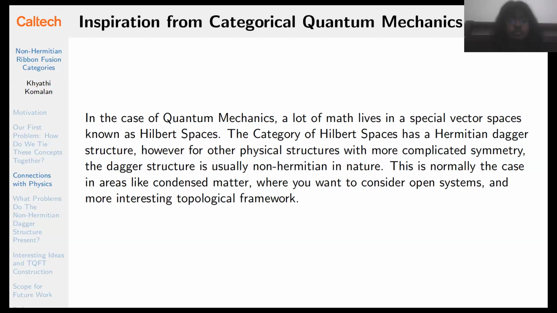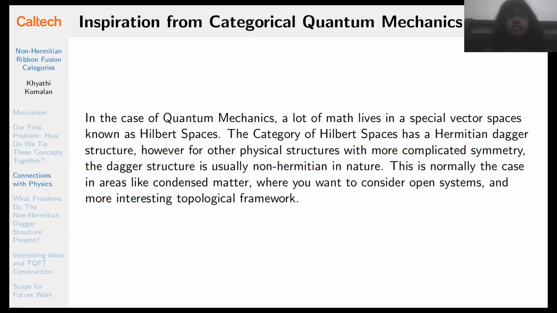So you also need to consider other kinds of categories where you do have a non-Hermitian dagger. In areas like condensed matter physics, you basically want to consider open systems, which have much more interesting topological frameworks. In these frameworks, you don't necessarily have this idealistic symmetry even within the math, and therefore you can't really use this Hermitian structure.